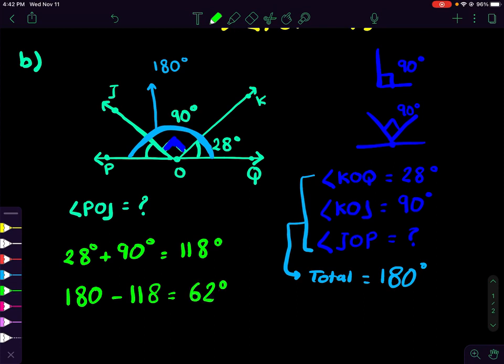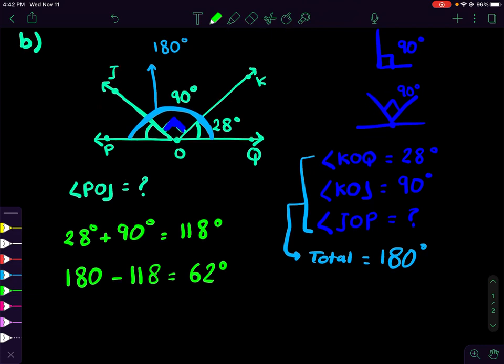62 degrees. So if I want to check my work, when I add 28 plus 90 plus 62, I must get what? I must get 180. So let's do it. 62 plus 90 plus 28.